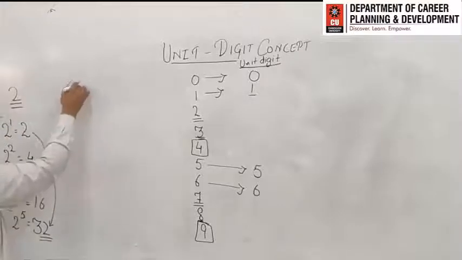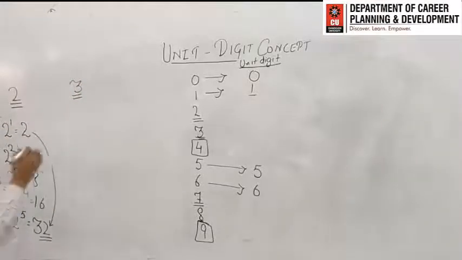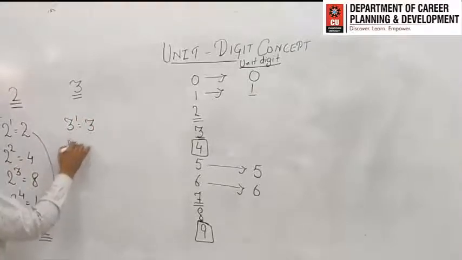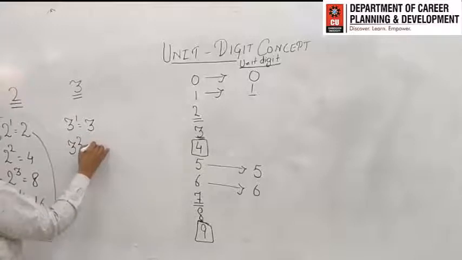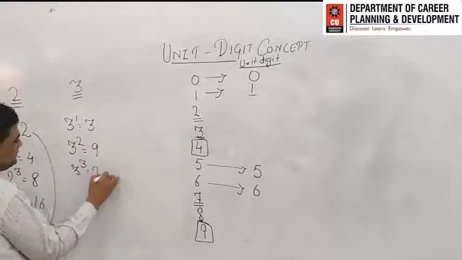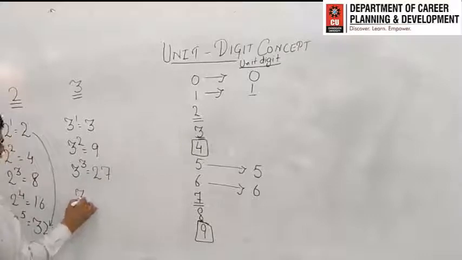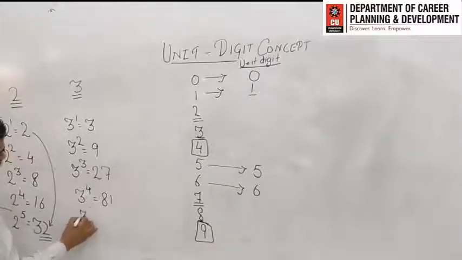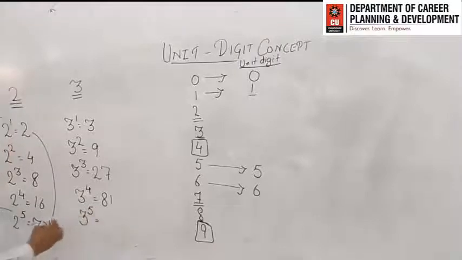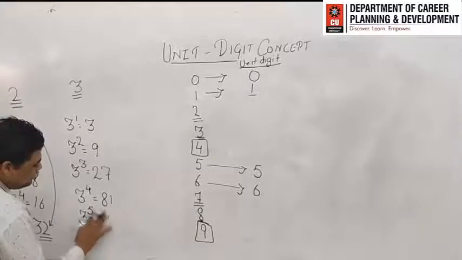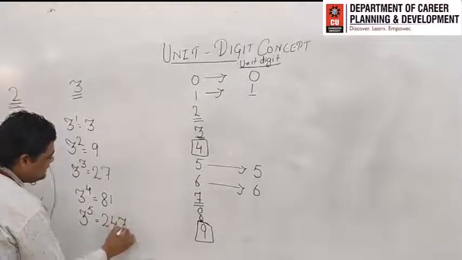So for 3, 3 to the power 1 will be 3. 3 to the power 2 will be 9. 3 to the power 3 will be 27. And 3 to the power 4 will come out as 81. And 3 to the power 5 will come out as 243.